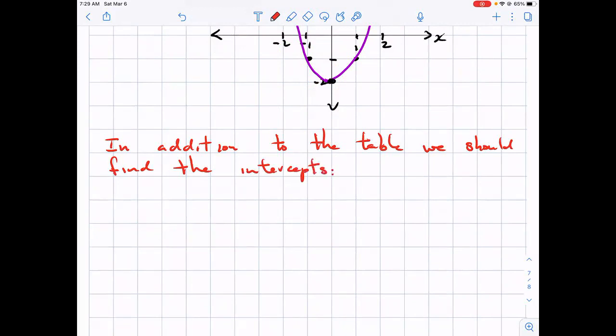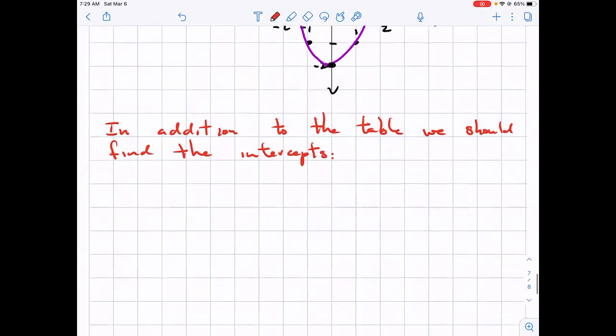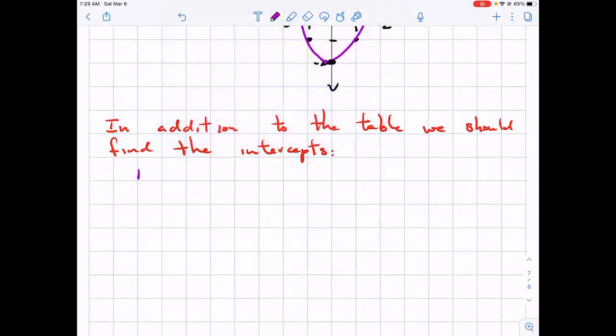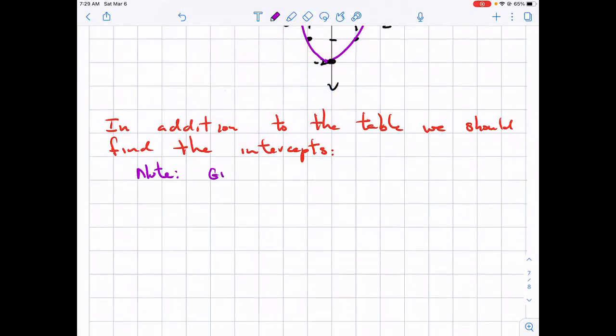And remember, there are two types of intercepts, okay? Note that graphs may or may not have x and y intercepts.